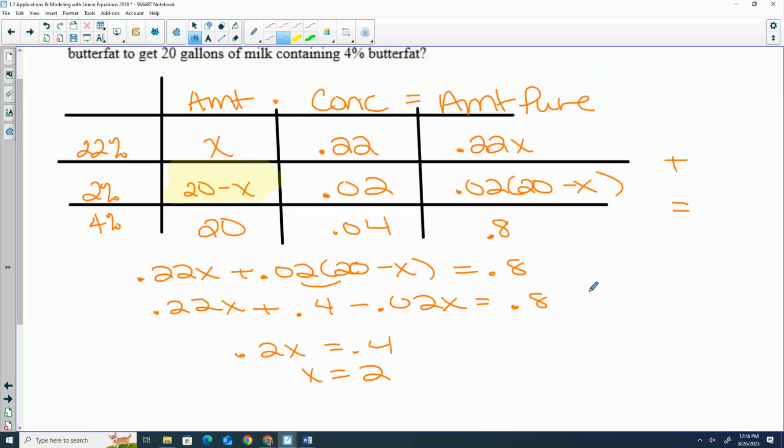So if I look, my 22% was my x. So there must be 2 gallons of cream. All right. What questions do you guys have for me?